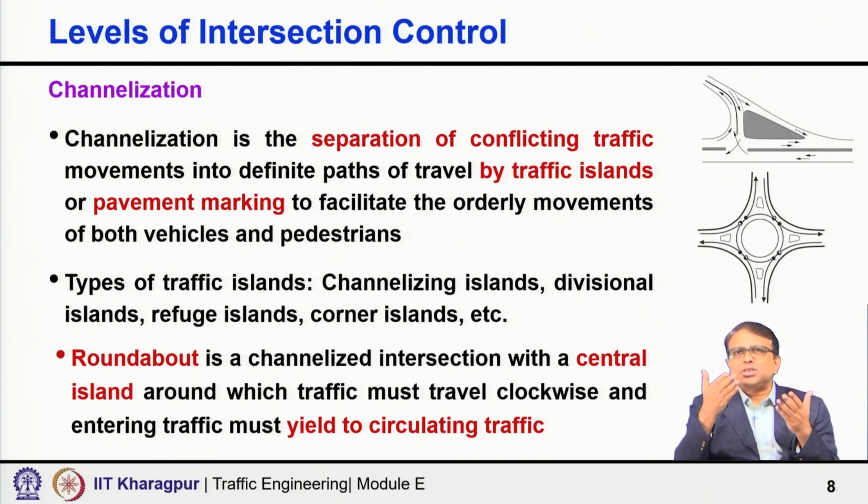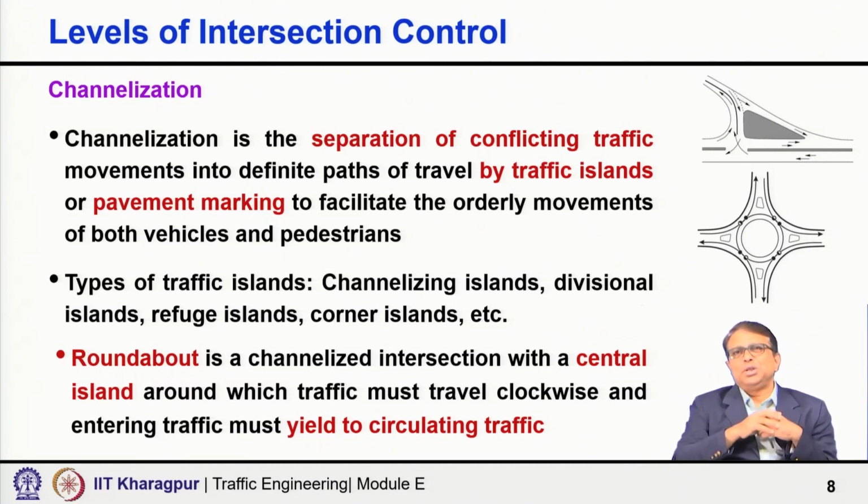Even for this intersection, in case this island is not provided, then for the right turning and left turning movements, multiple possibilities will be there. Some vehicle taking a right turn may take one path, some other vehicle may follow another path, and for the left turn also one vehicle may follow some path, the next vehicle a different path, with things happening at different angles.